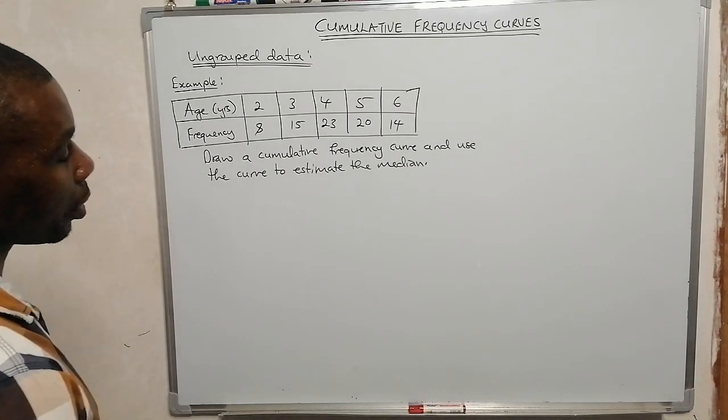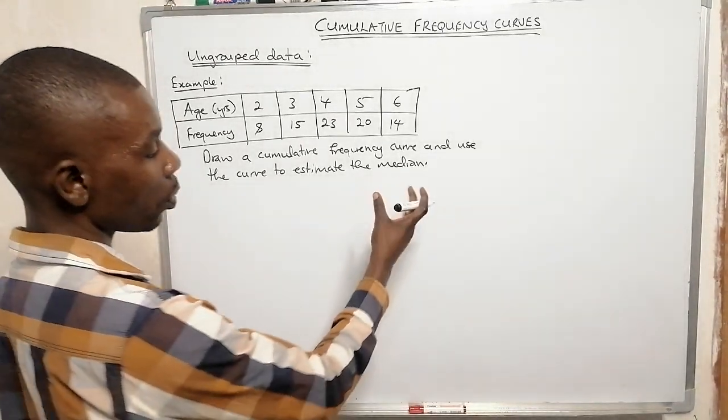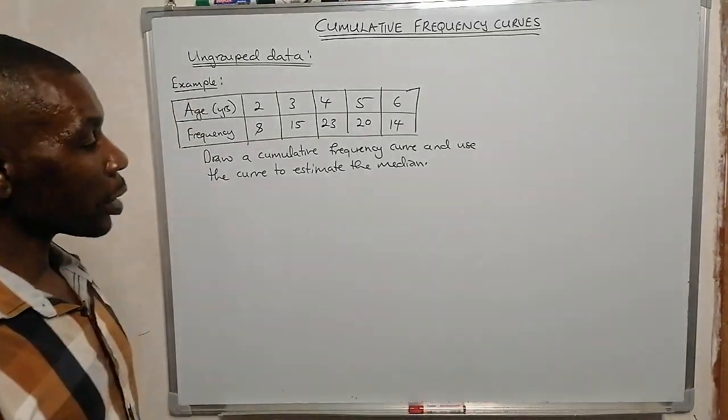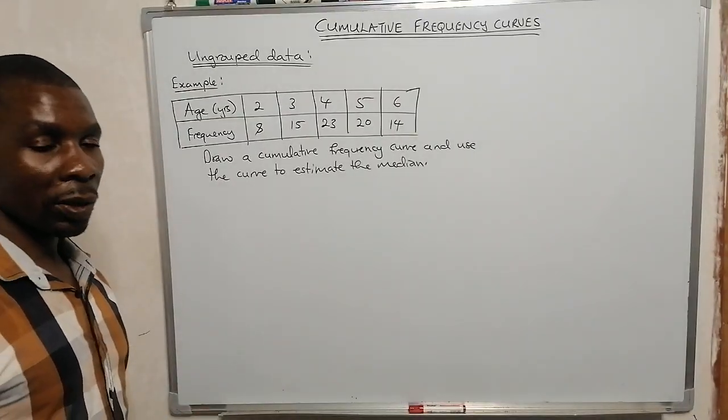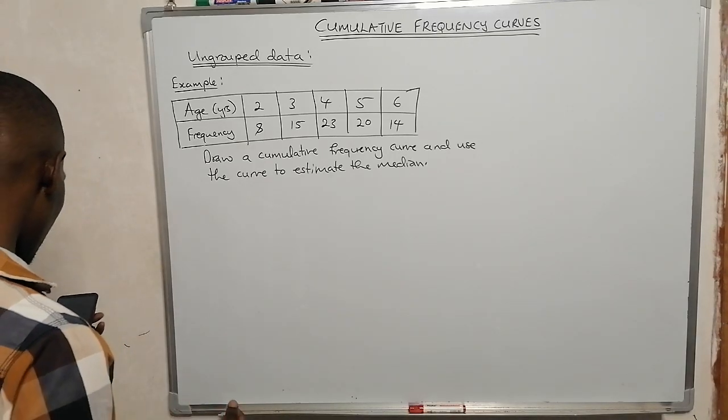We can also use this curve to estimate the lower quartile, the upper quartile, the interquartile range, or the semi-quartile range. But for the meantime, we want to estimate what?